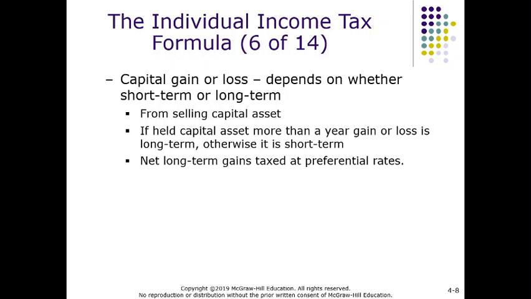So the capital gain and loss that comes from the sale of capital assets has a different character from, let's say, ordinary income items. Well, what is a capital asset? A capital asset is any asset other than accounts receivable, inventory, and other assets held for sale, or assets used in a trade or business, including supplies.